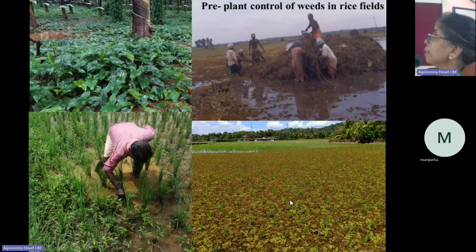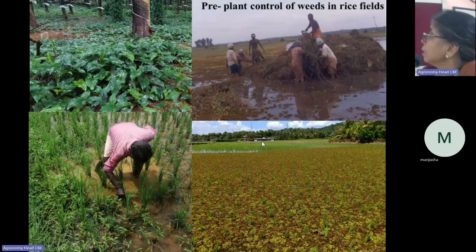And here you see, this is a recent problem reported in Kerala. Earlier, Salvinia was restricted to aquatic bodies alone. Now, in the majority of the areas, you see a transplanted rice field fully invaded by Salvinia because the drainage is improper and the weeds happen to be in this area where the water is.